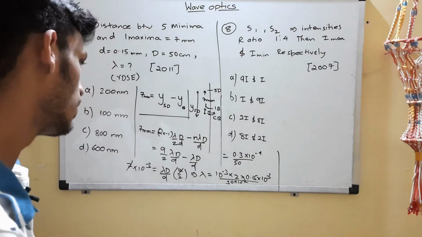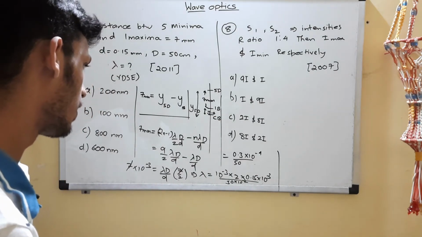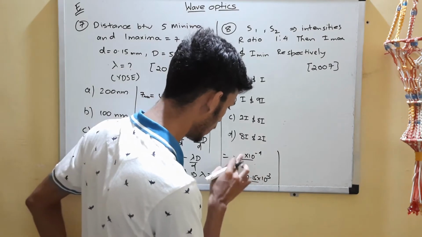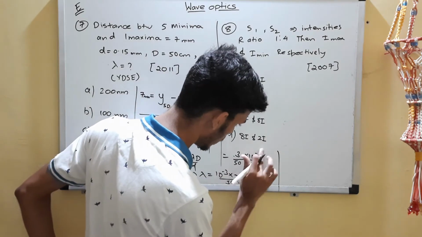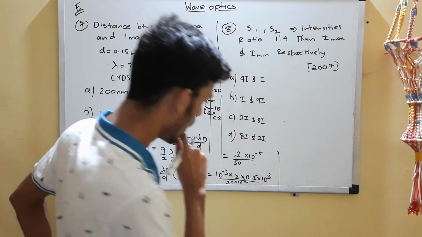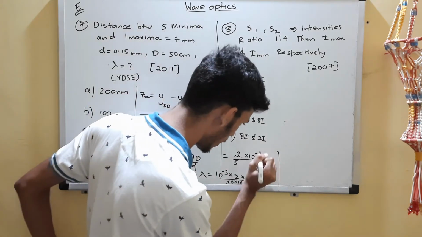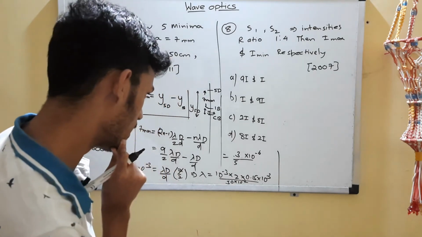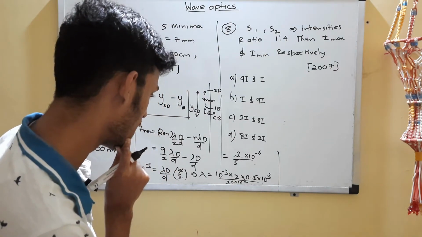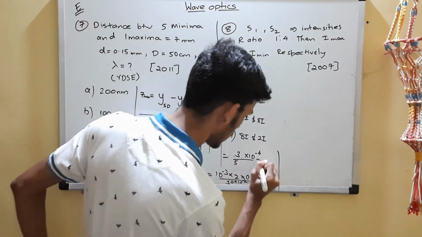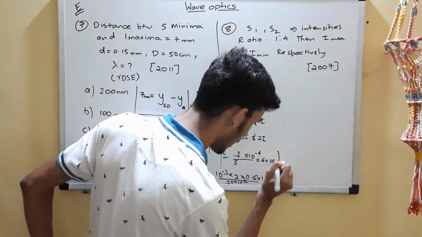And what can we do next? We'll shift one more decimal. I'll make this 3 into 10 to the power minus 5. Fine, and we have one more 10 to the power minus 6. Okay, fine. And 3 by 5 is basically 0.6. So 6 into 10 to the power minus 7.